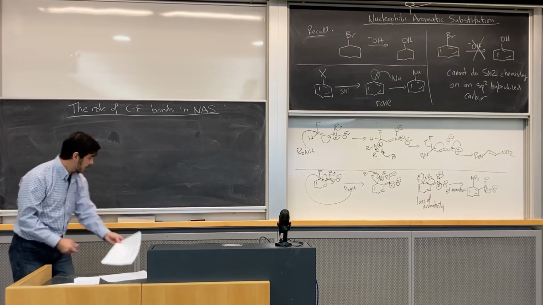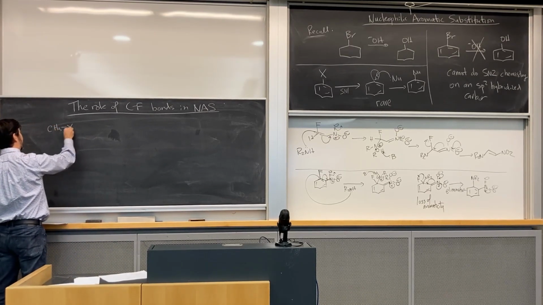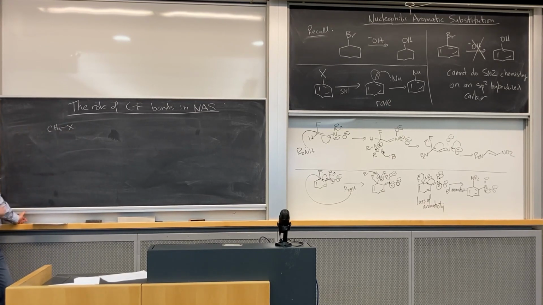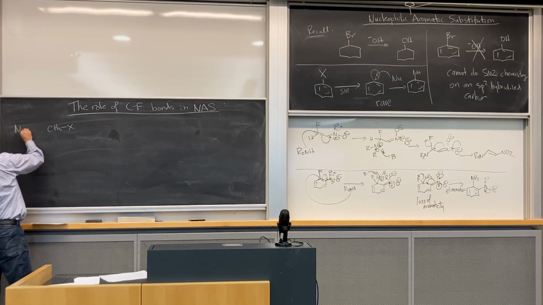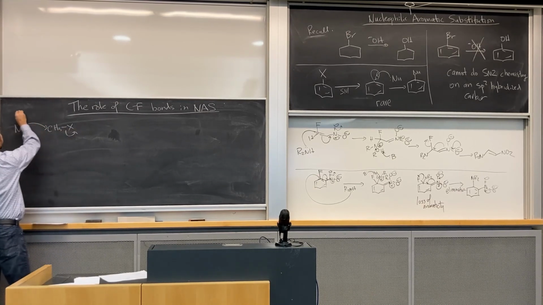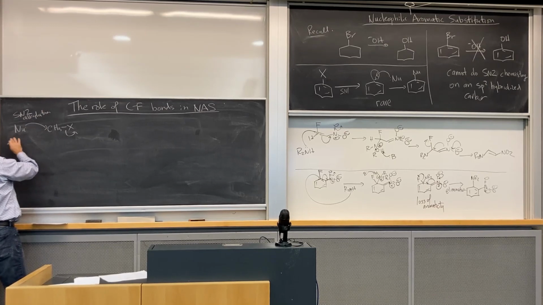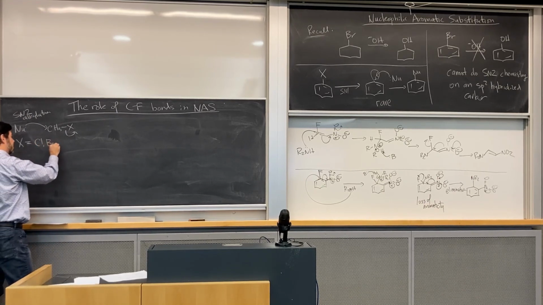All right, so let's look at a standard CH3X, where X could be one of the halogens. So this could be fluorine or chlorine, bromine, or iodine. And if you have some kind of nucleophile, you know that you could set this up for SN2. This reaction works best if you use things like chlorine, bromine, or iodine.